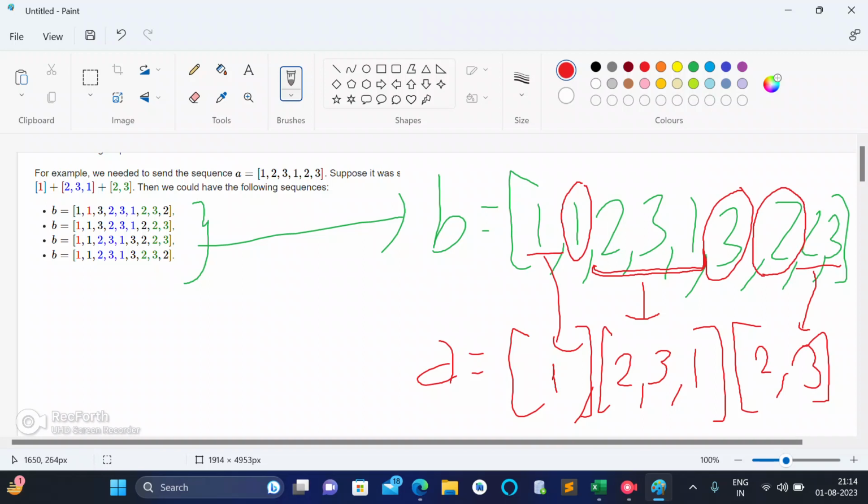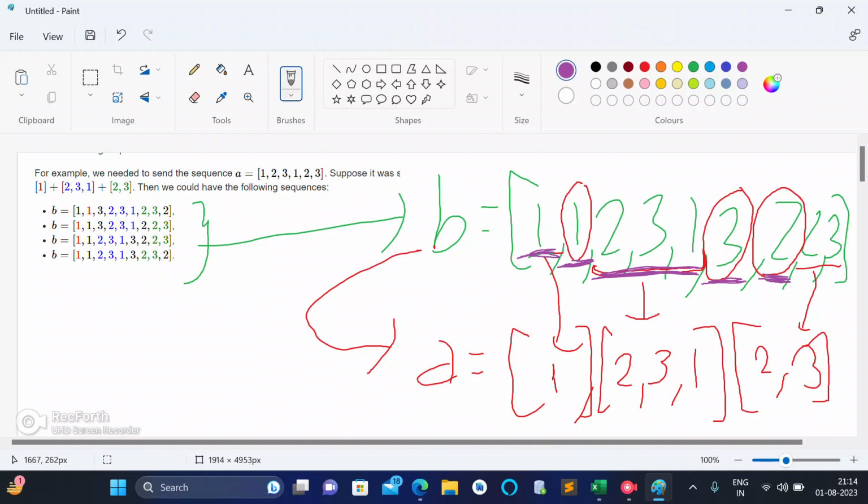So I am easily able to segment B into A such that the A formed is like this: 1 is present, and after that its length is present, that is 1. Here 2 3 1 are present and its length 3 is present.